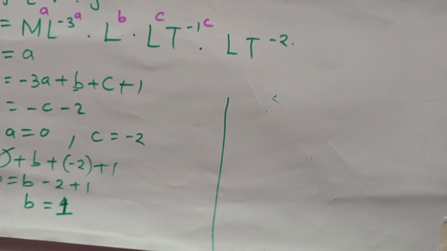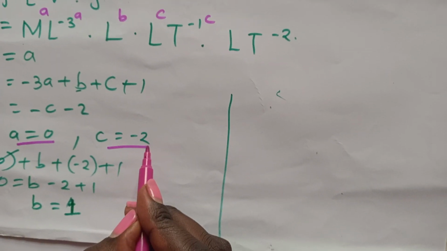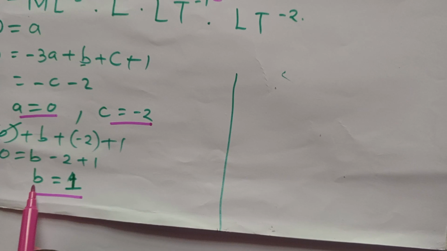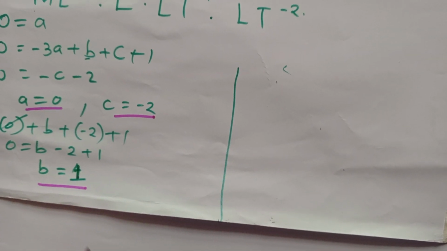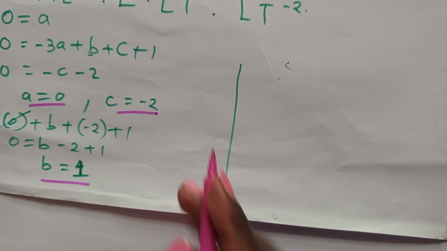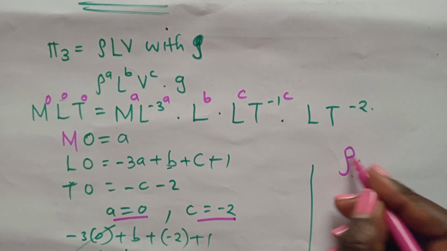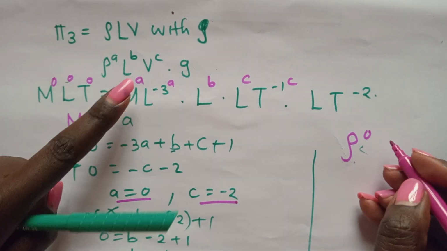Now let's replace our values. We have our A as 0, C as negative 2, and our B is equal to 1. It's positive, remember. So let's replace it here. We have rho raised to A, which is 0, that means we will not have rho appearing anywhere.